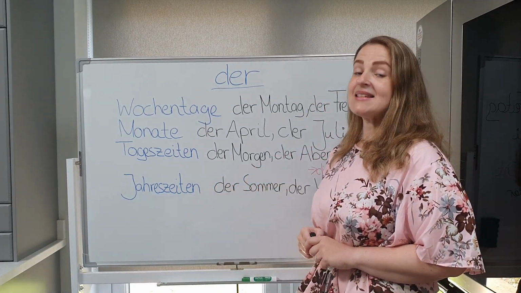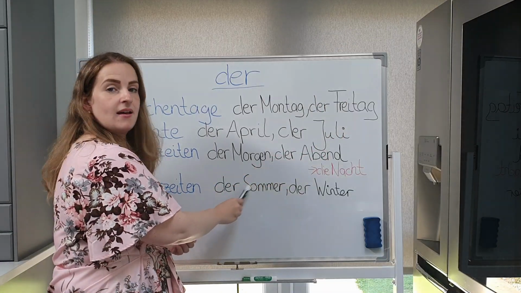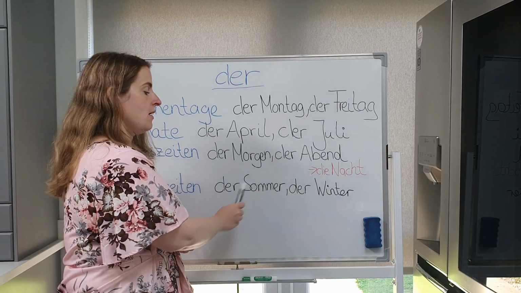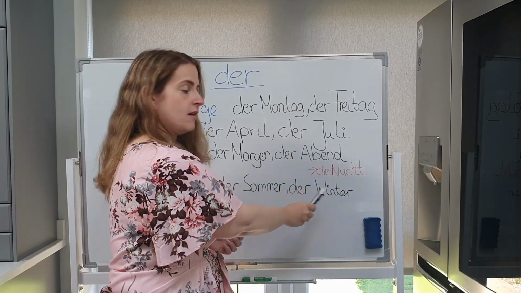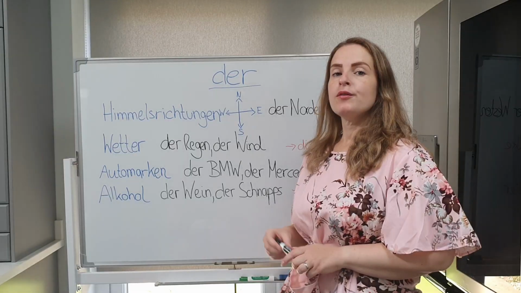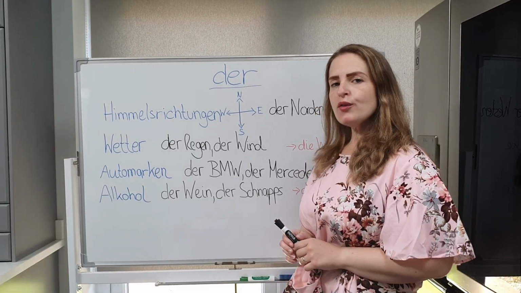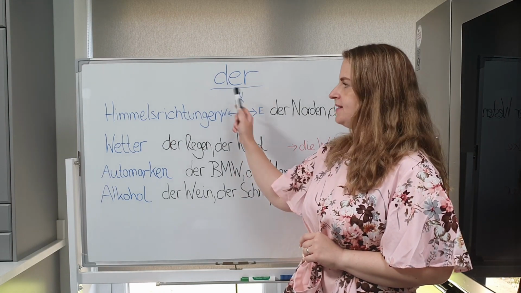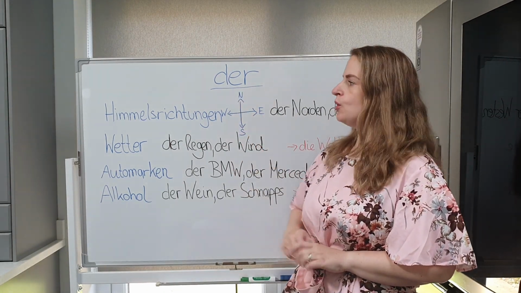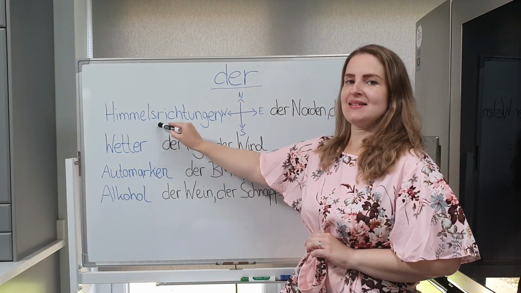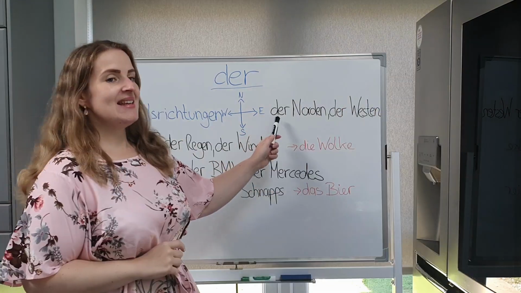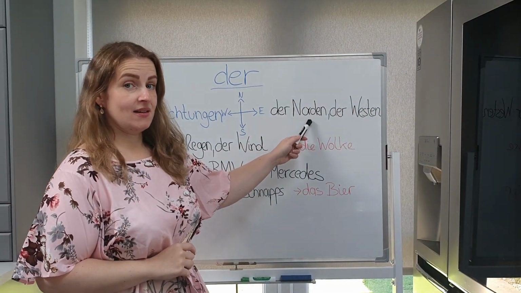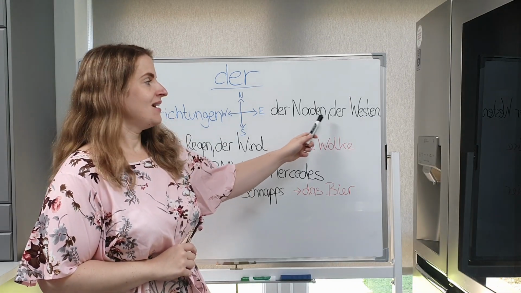Jahreszeiten, the seasons. Der Sommer, the summer. Der Winter, the winter. So guys, we also use the article der when it comes to Himmelsrichtungen, the directions. Der Norden, the north.